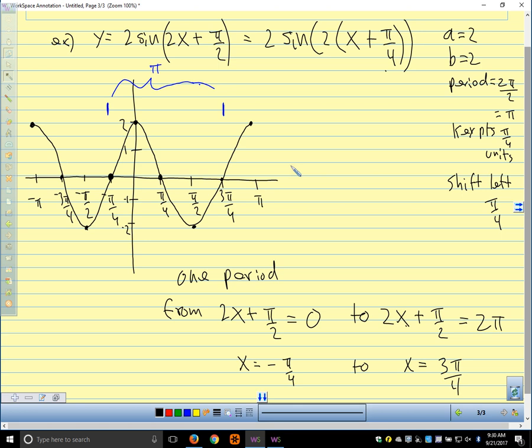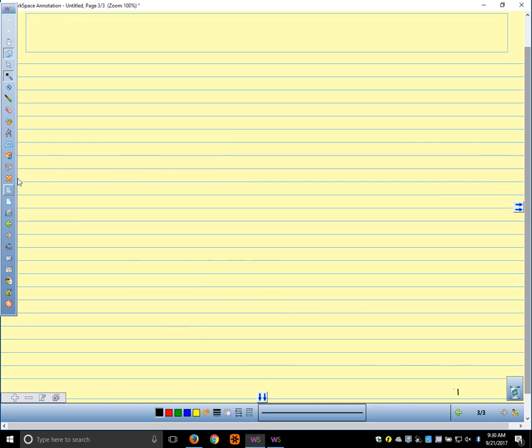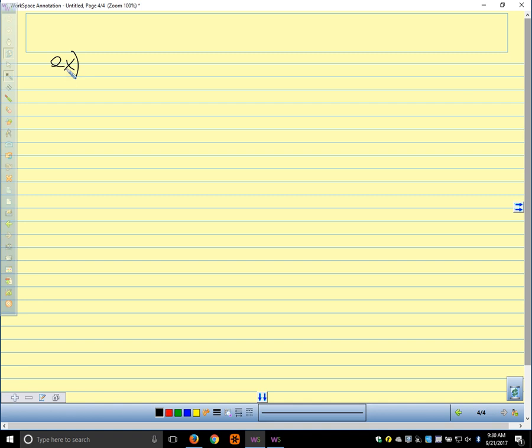All right, let's look at an example with a vertical shift and also with a reflection. And then I'm going to do one example, the last example, where the denominators of the period and the shift don't play as nicely with each other as our examples so far have.